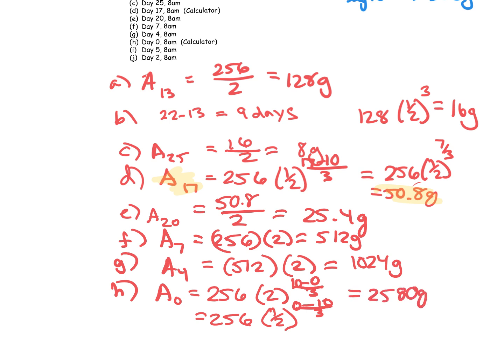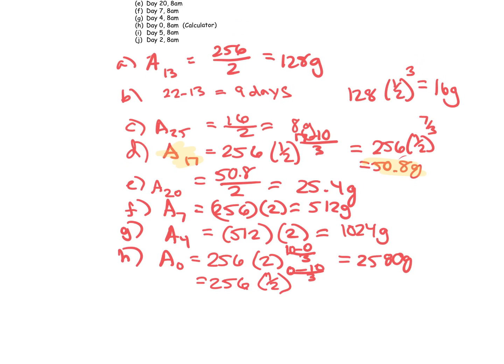All right, so let's go to the last 2. Day 5. There are actually a few ways you could do this. If I think of day 5, I could relate it to A17. Let's see why. So for day 5, A5, again, we're not using a calculator for this one, I would do 17 is 50.8, and I'm going back in time, so I'm going to put in 2.